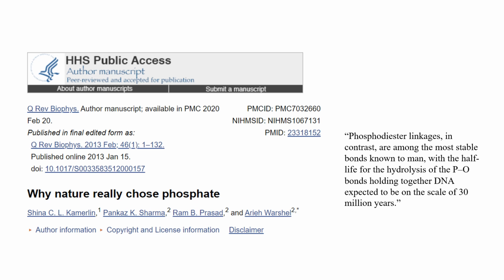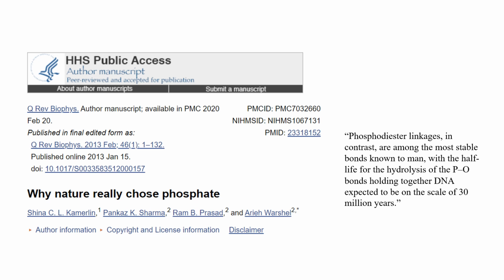But let us begin by saying that if you want to make DNA to store the key genetic information of life, you want DNA to be stable. That's number one. And stable molecules that don't cross-react are somewhat hard to come by.